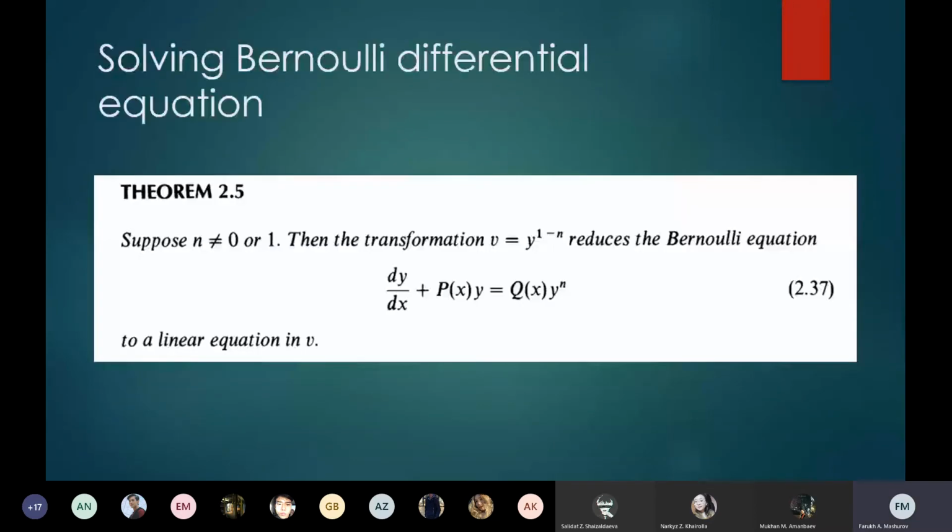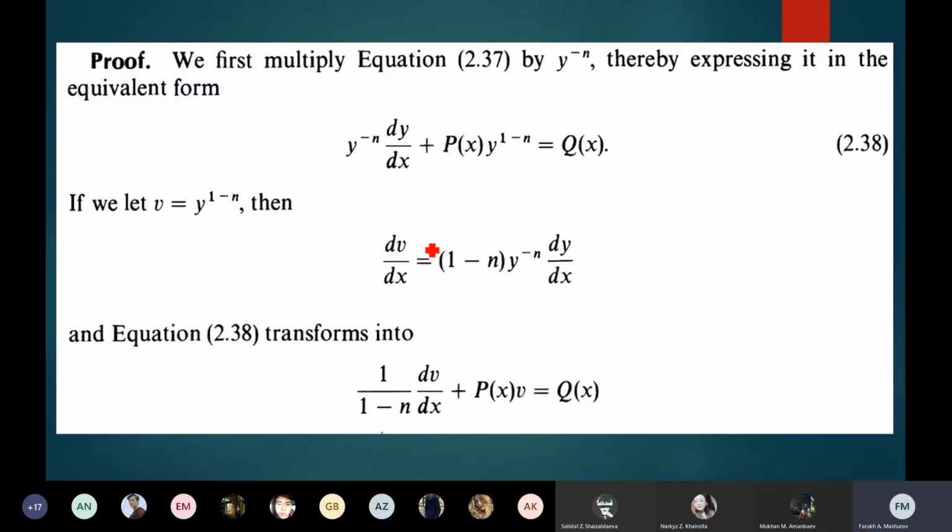Okay, let's solve an exercise for Bernoulli, guys. Let me remind you what we have here. If we have a Bernoulli differential equation, what do we need to do? If you have this differential equation in this form, you need to use the transformation v is equal to y to the power 1 minus n. It means you need to rewrite your differential equation as a linear one.